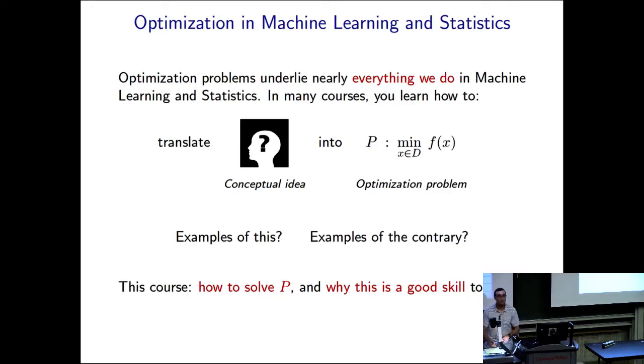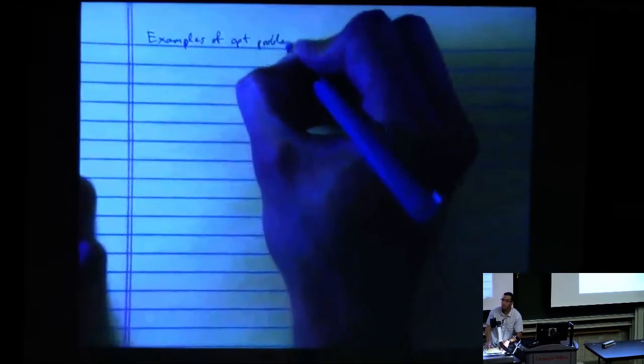Yeah? Network flow. Okay. That's a good one. What is your background? Computer science. Yeah, so we'll actually talk about, for example, things like max flow quite a bit when we learn linear programming, but that's a good one.